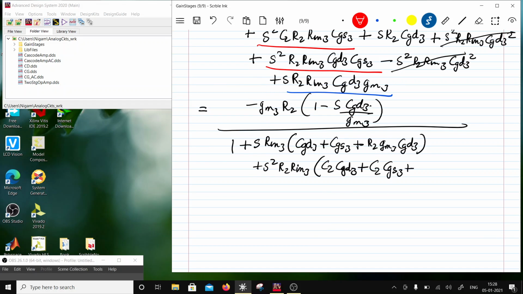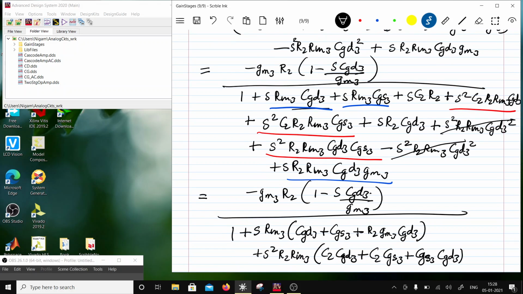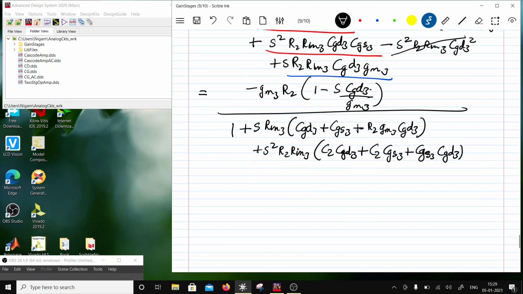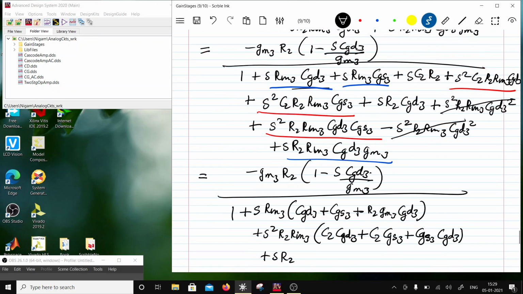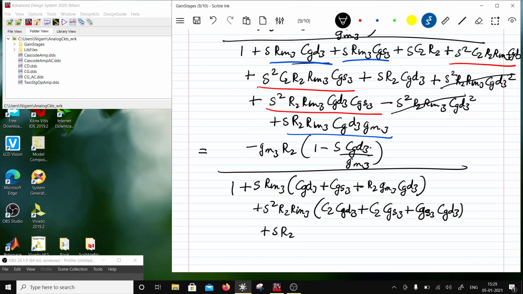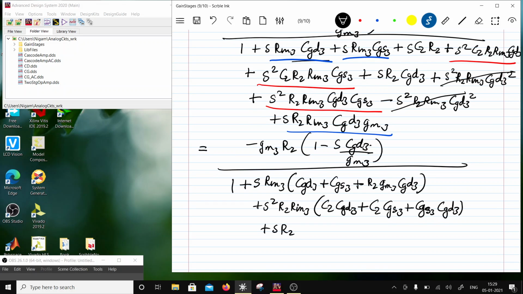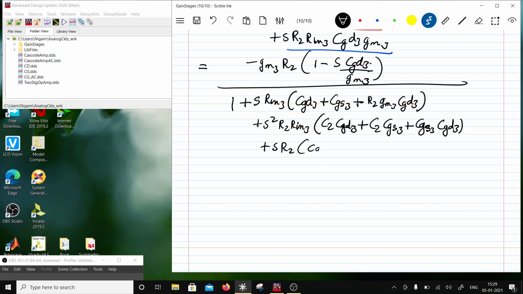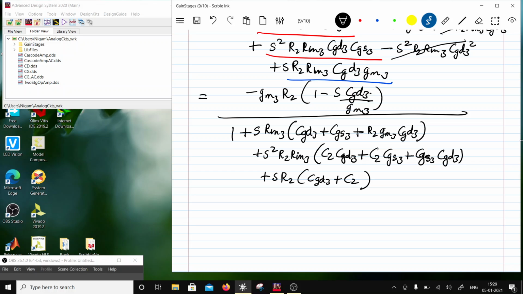So this is cyclic multiplication of capacitances, Cgs3 into Cgd3. Okay, so all these terms are covered. Now there are only two terms left, with S C2 and S R2, C2 plus Cgd3, right? So let's collect that term, SR2 times of Cgd3 plus C2. So we have simplified this, right?